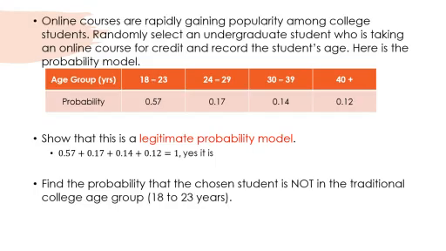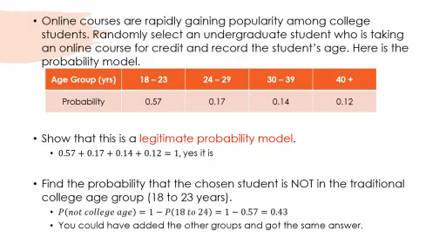You can either find the probability of all the other ones. So 0.17 plus 0.14 plus 0.12. You add up all of these and you get 0.43.